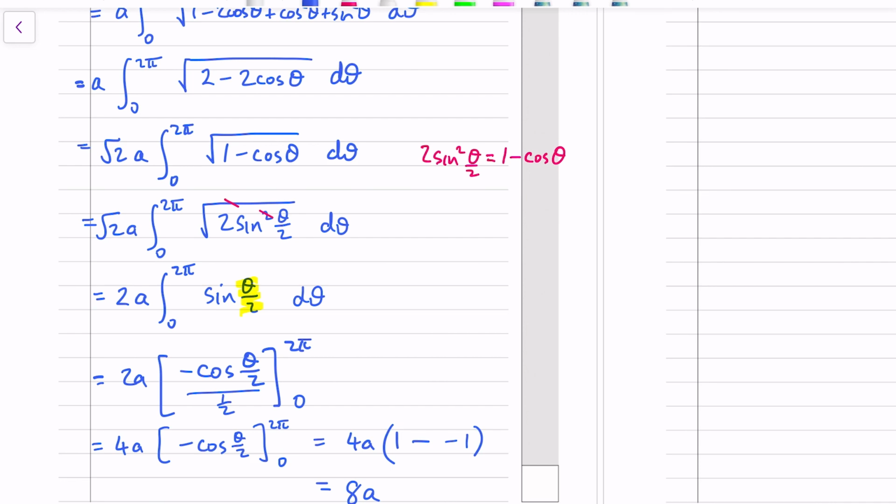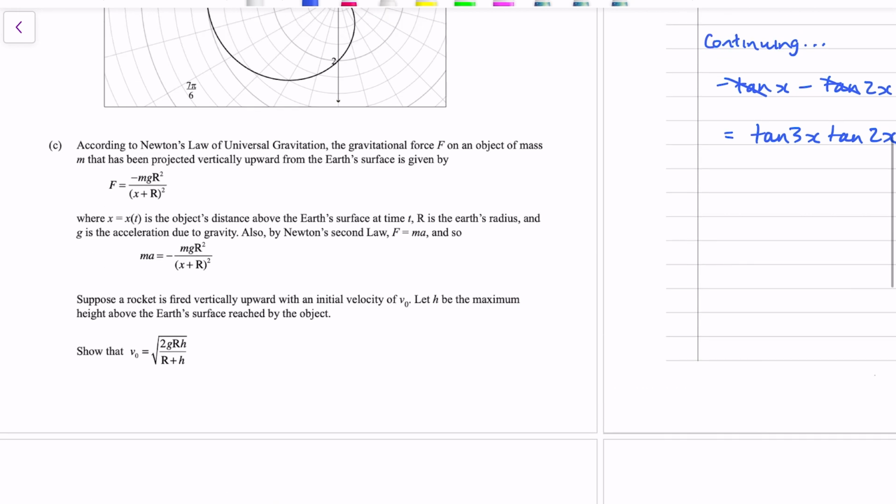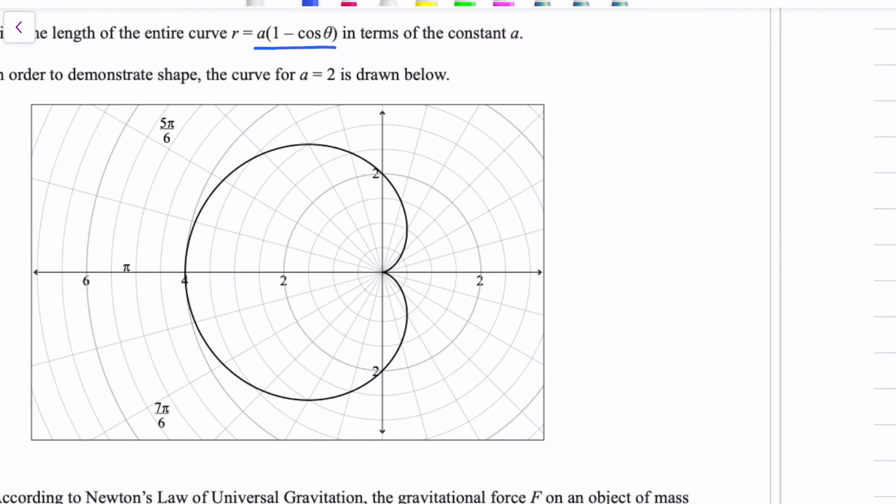Now, does that seem sensible as an answer, 8 times a? Let's go back to the picture. It looks roughly circular. And if I go, right, that's 1, so a diameter of 5 for the circle.